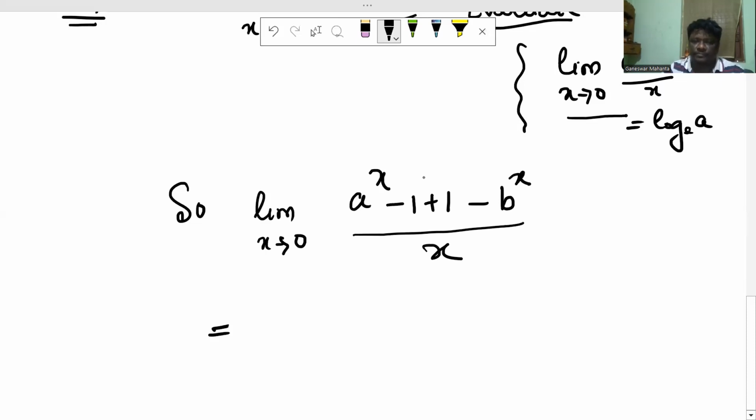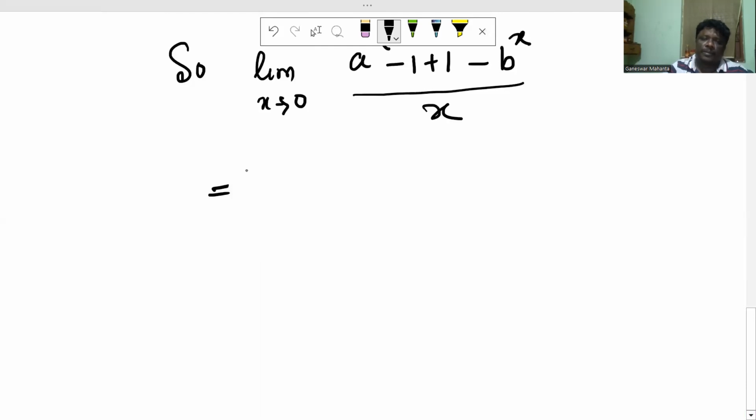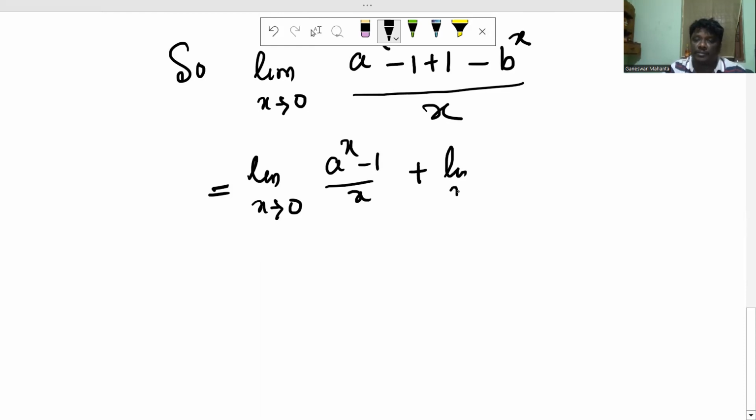Then this is one part: limit x tends to 0, a to the power x minus 1 by x, plus limit x tends to 0, 1 minus b to the power x by x.